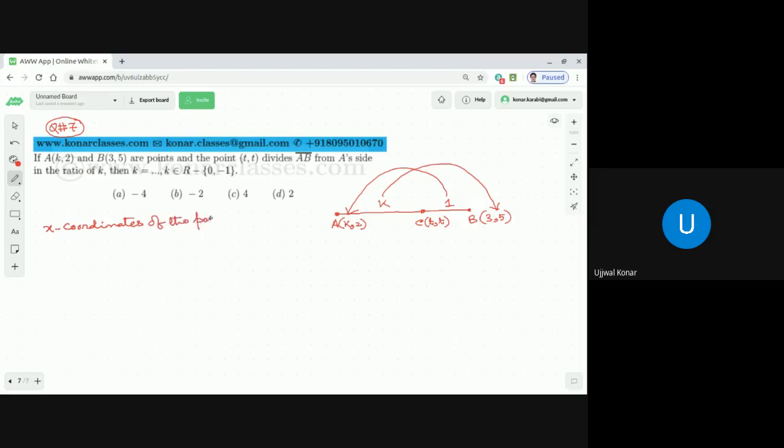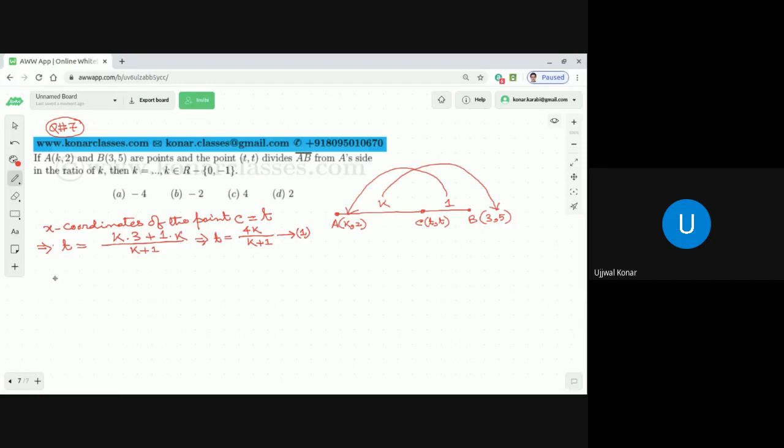How we can find the value of t? t should be k into the x coordinate of the point B, that is 3, plus 1 into the x coordinate of the point A, that is k, divided by k plus 1. So from here we get t is equal to (3k plus k), that is 4k divided by k plus 1. Let's keep that as equation number 1.